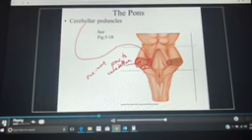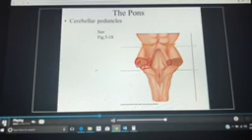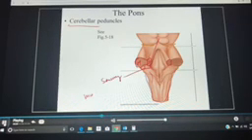And then your inferior cerebellar peduncle, remember, cerebellar peduncles, this connects the medulla oblongata, which is this part right here, the medulla, to the cerebellum. And this pretty much conveys sensory information to the cerebellum from your proprioceptors, remember that?